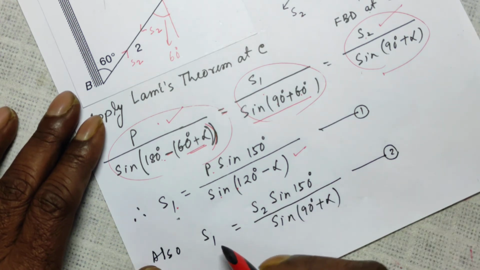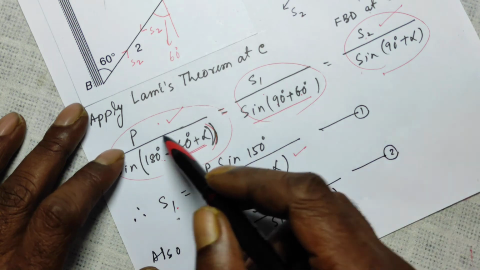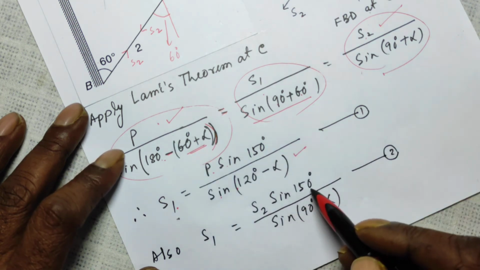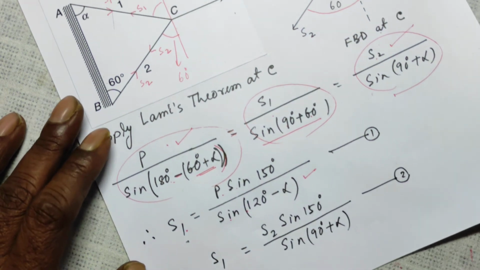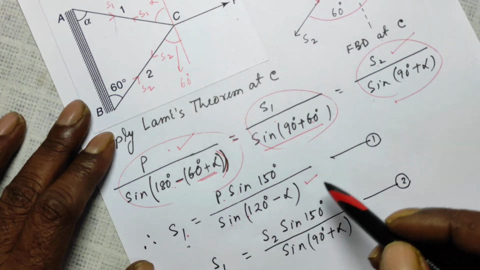S2 is equal to P times sine of 90 plus alpha, from here.